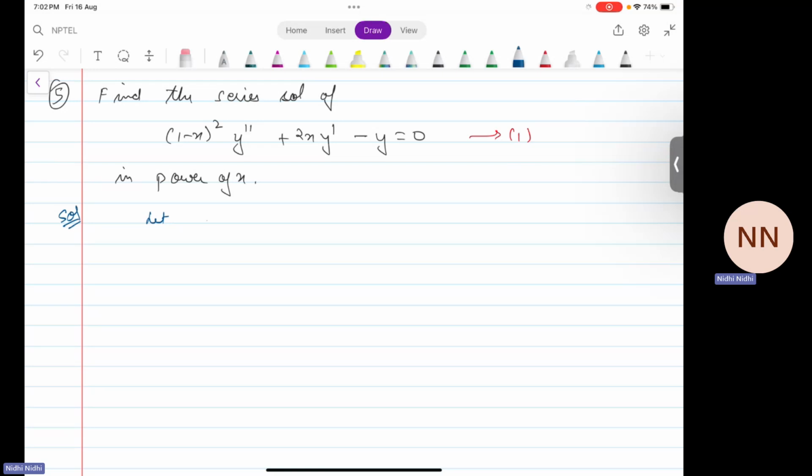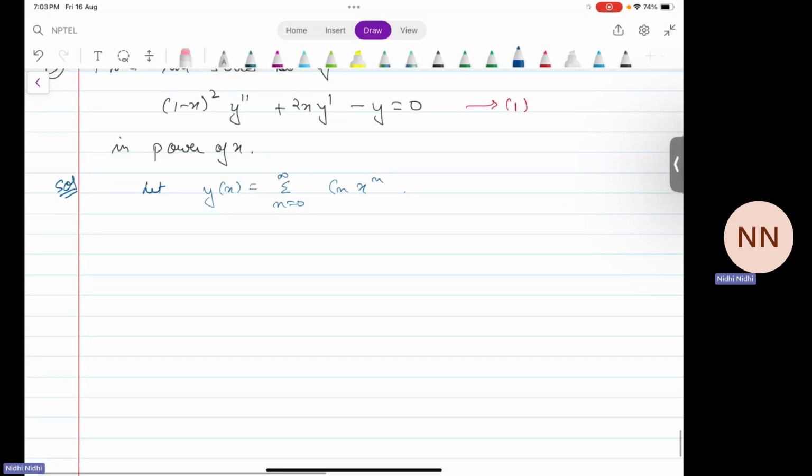We'll start with let y(x) is equal to summation n from 0 to infinity cn x to the power n. Now I want you to calculate y dash, y double dash, put it in the equation and write the series. I'll just wait for 5 minutes. Then I'll tell you what was the series.